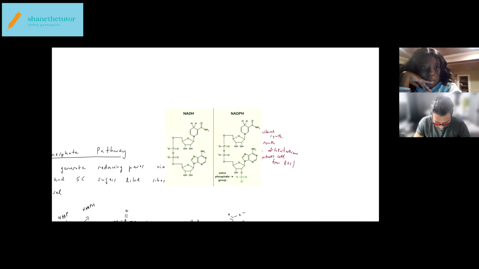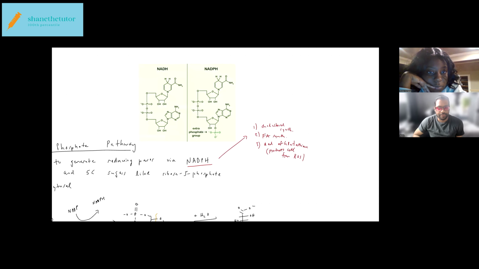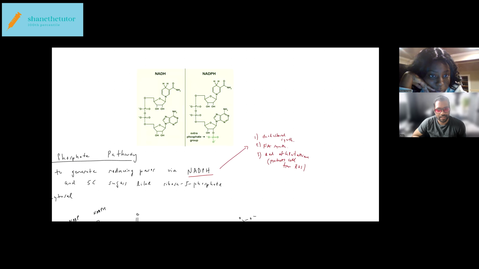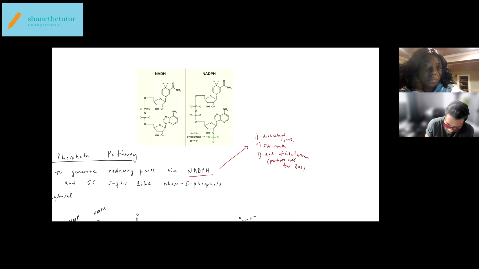Here you can see the comparison. You see what I put in? Yeah, I see the image. So NADH on the left, NADPH on the right, and you can see first of all that they have ribose sugars, which is one of the things the five-carbon pentose phosphate pathway makes. It also makes the NADPH, and the only difference is that phosphate group.